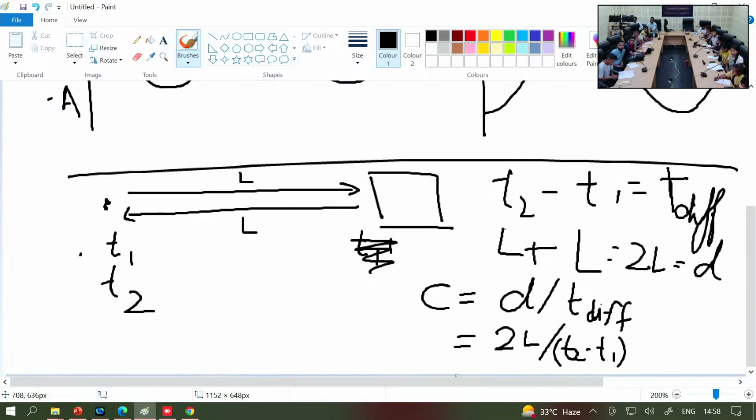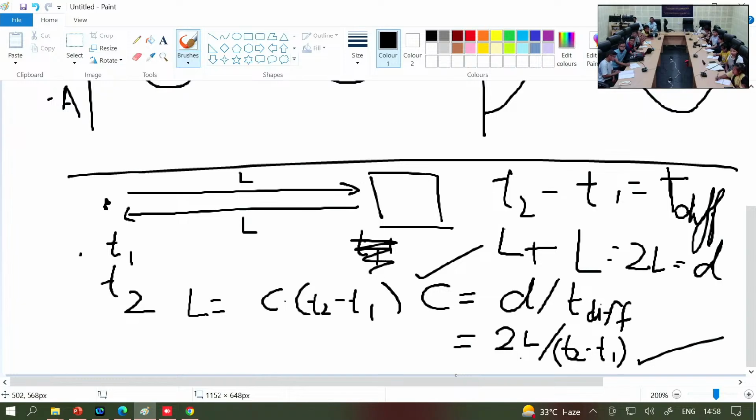Okay. We know c, we know t1 and t2. So, from that we can get L as c into (t2 minus t1) divided by 2. Okay. So, this is how we are getting the distance of an object considering the speed of light and the time difference.